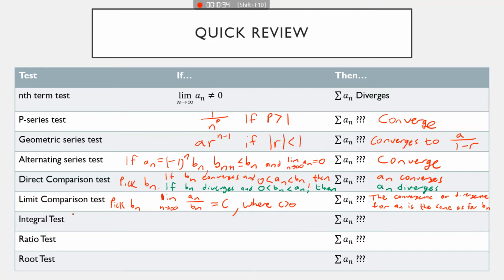So there's some conditions for this one, but if f of x is continuous, positive, and decreasing, and the integral from n to infinity of f of x converges, then what has to be true?